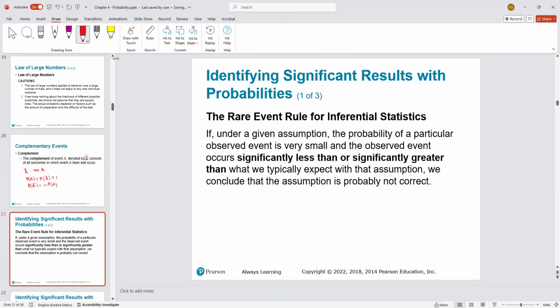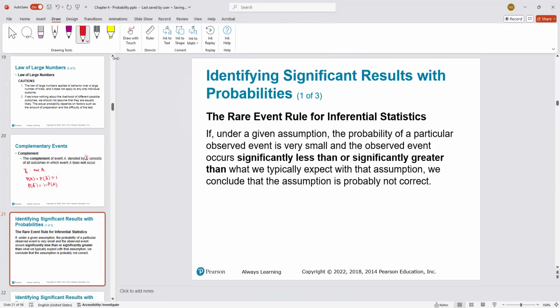So let's identify significant results with probability. What we mean by that is the rare event rule for inferential statistics.